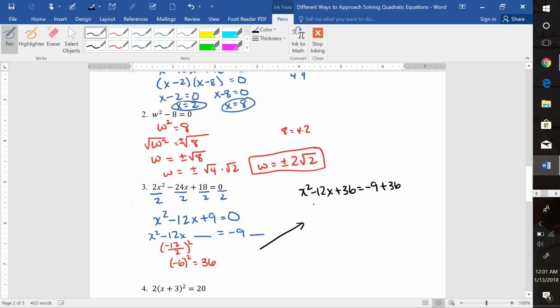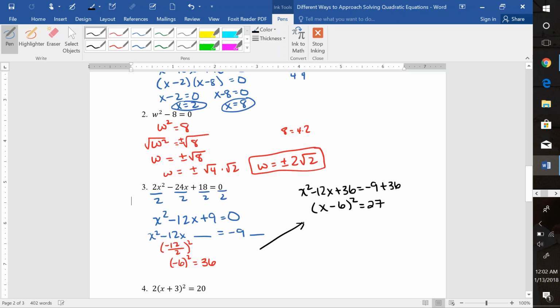The reason we did this, the whole process of taking half of b and squaring it, is because now this factors nicely into x minus 6 squared, which is something squared. So we're going to be able to use the square root method in a minute. I'd like to point out that that part where it factors, that minus 6, that's what it was right before it got squared. That's why the sign's important. And then 36 minus 9 would be 27.